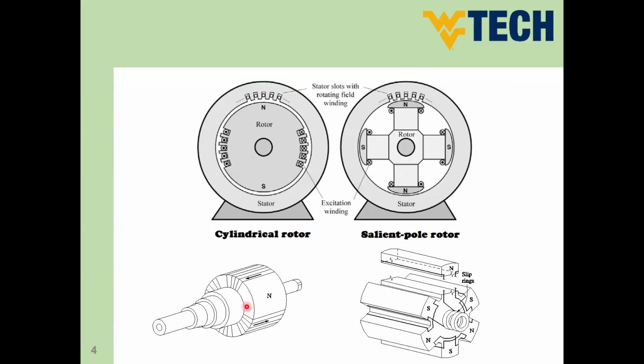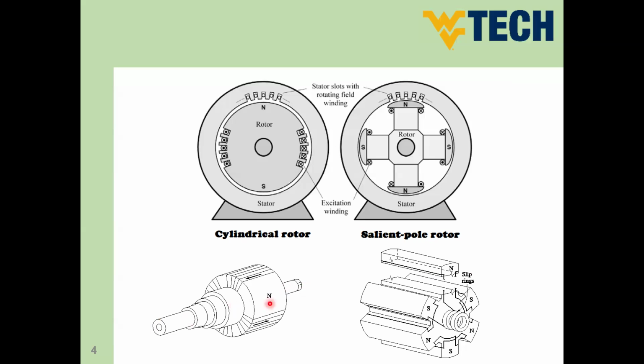If we compare the same rating of the machine, both of the rotors have to have the same moment of inertia, or let's say core volume. So since the cylindrical type has a small diameter, the shaft length is going to be large compared to the shaft length of the salient pole one. So we prefer the cylindrical type rotor to be mounted horizontally like that.